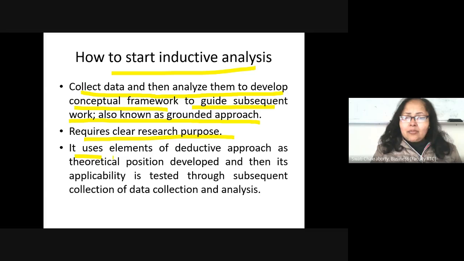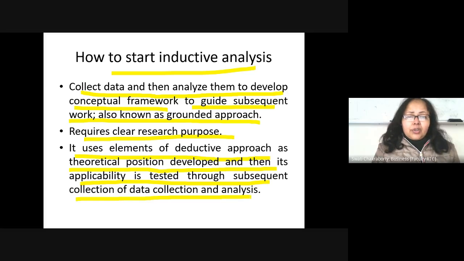It uses elements of the deductive approach as a theoretical proposition is developed, and then its applicability is tested through subsequent data collection and analysis. So first you use the various elements of a deductive approach for developing the theoretical position, and then you test whether it can be applied in reality through data collection and analysis.